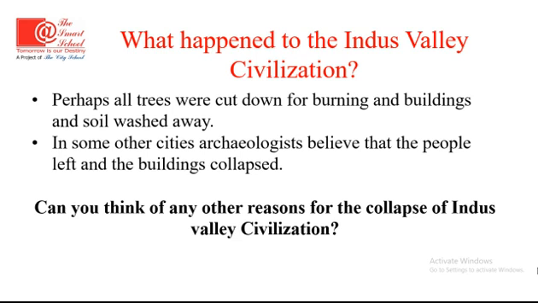Perhaps all trees were cut down for burning and building and soil washed away. This could also be a reason, that because of lack of trees, the soil might have washed away, so people would have shifted somewhere else. In some other cities, archaeologists believe that the people left and the buildings collapsed.